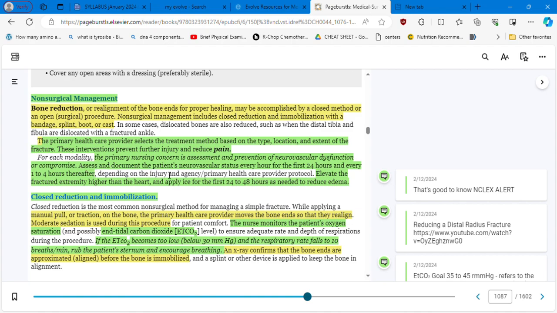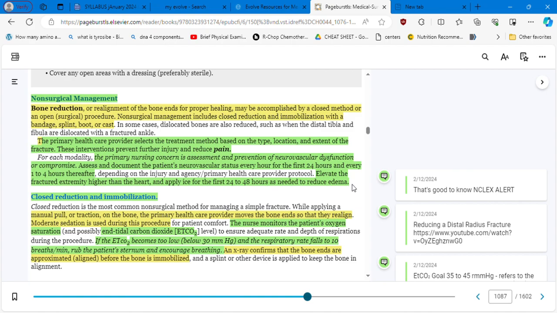Assess and document the patient's neurovascular status every hour for the first 24 hours and every 1 to 4 hours thereafter. Elevate the fractured extremity higher than the heart, and this is basically the protocol for most fractures in the extremities. And apply ice for the first 24 to 48 hours as needed to reduce edema.